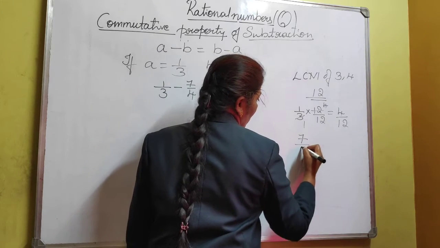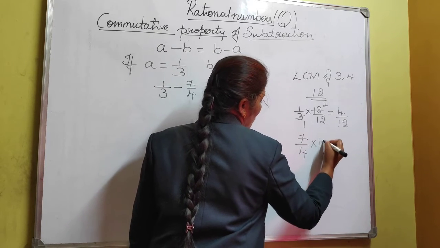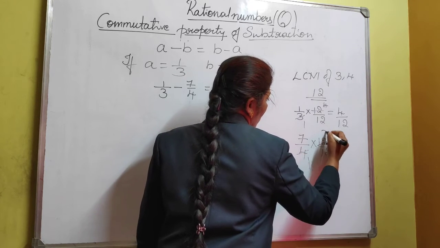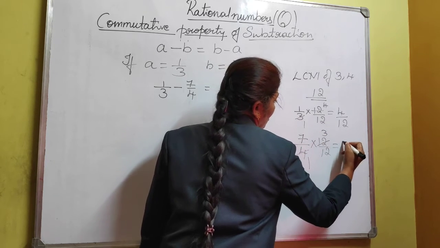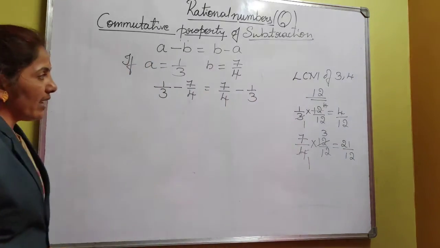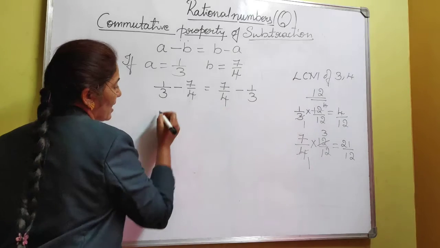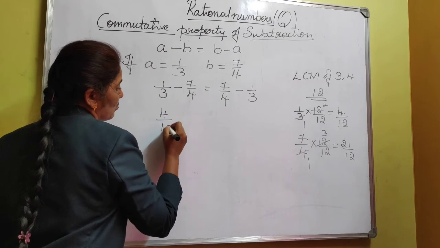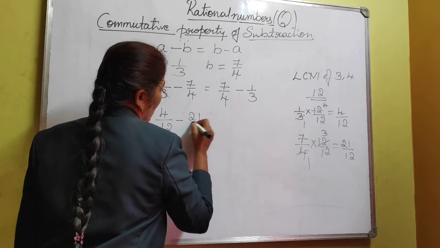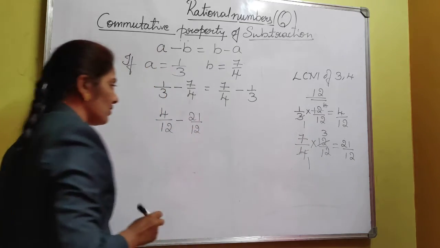What is this 7 by 4? 7 by 4 into 12 by 12. So I can write this as 4 ones are 4, 4 threes are 12, 7 threes are 21. 21 by 12. So now we got 1 by 3 value as 4 by 12, and 7 by 4 value as 21 by 12. What do we observe here?